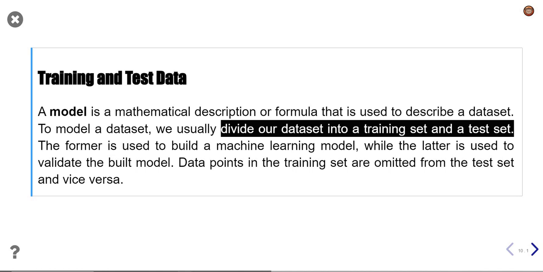Ideally, you take 70% of your data as your training set. Out of the 100 rows, you take 70 data rows and identify them as training. You use this data to train your model.